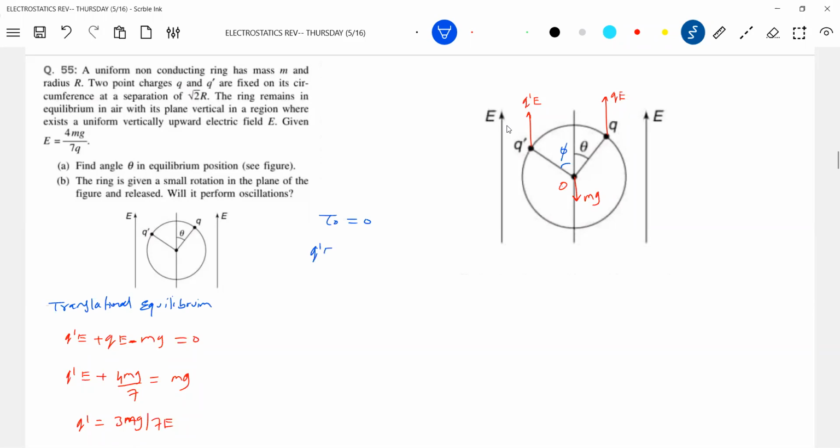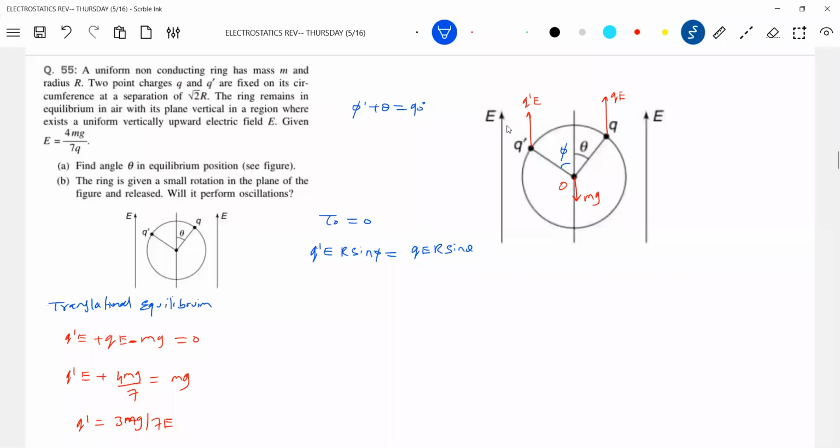So therefore Q dash E R sine phi should be equal to QE R sine theta. R gets eliminated. We know Q dash, everything. So these are the two unknowns. One thing we are very sure of is that phi plus theta should be equal to how much? 90 degrees. I think we can substitute and solve.